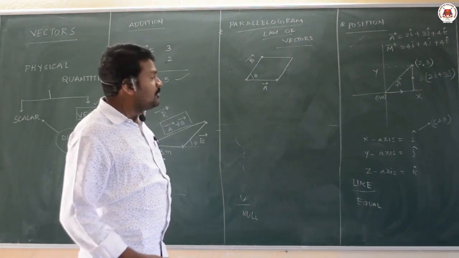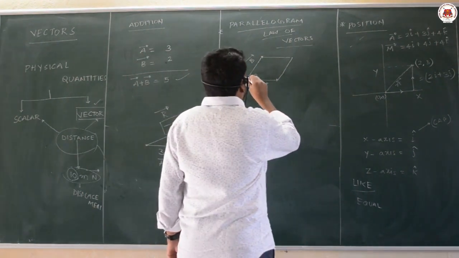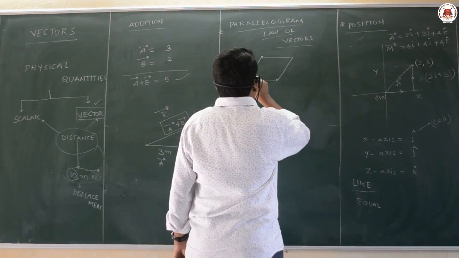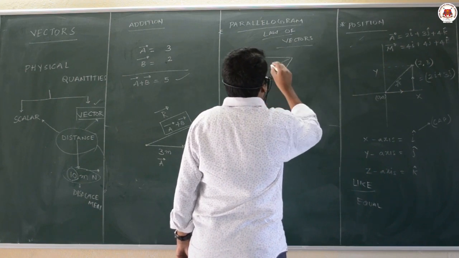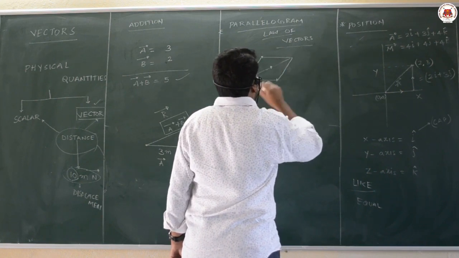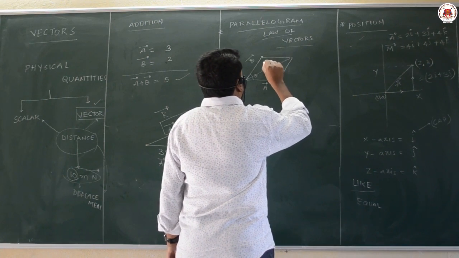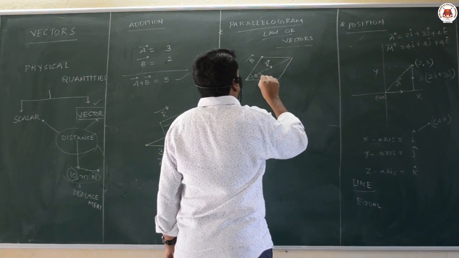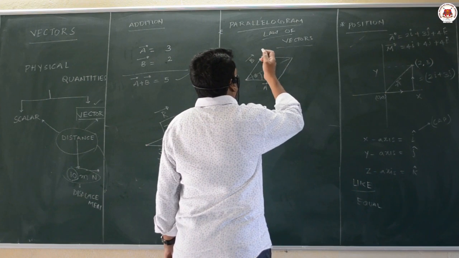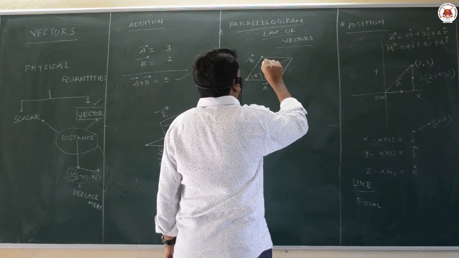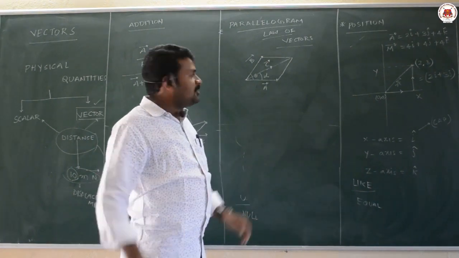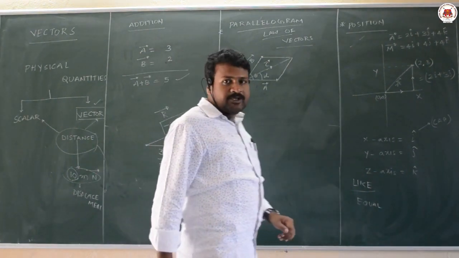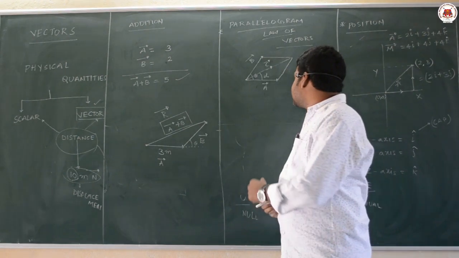The starting point is common. Now, the resultant is represented by the diagonal. Then R bar, otherwise you can take this as C bar, is the diagonal. That resultant is the diagonal.